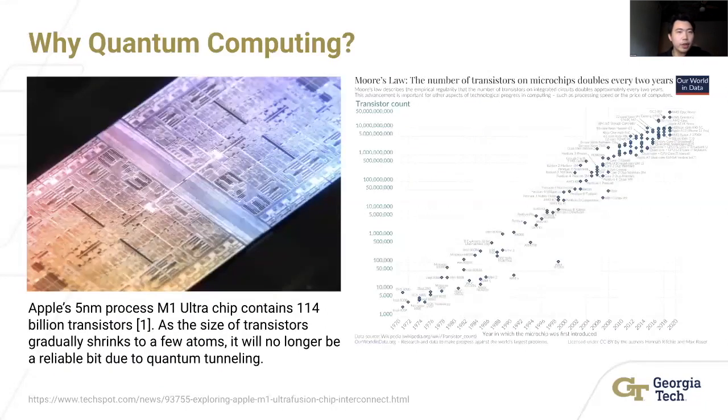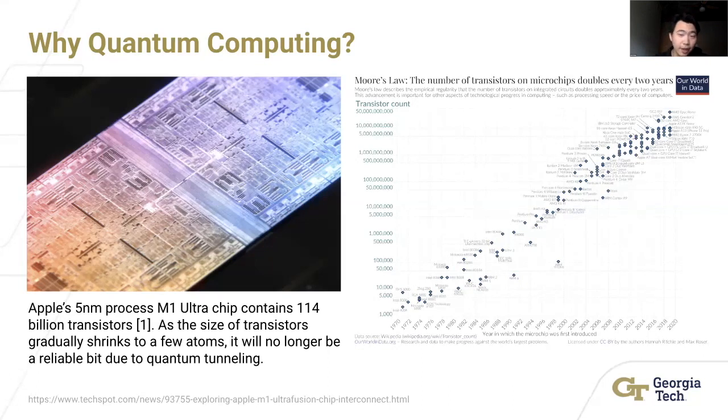The first part, to make the story complete, is why we care about quantum computing. The typical story people tell is, looking back at the past 50 years, Moore's law: the number of transistors on microchips on your smartphones and computers doubles every 2 years.